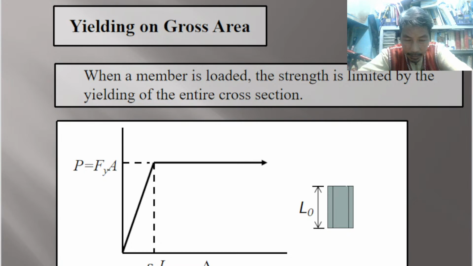If you multiply epsilon yield times L0, this is your stress-strain curve that would correspond to our tensile force P, which is equal to Fy times gross area A. Okay, so that's the very simple formula that we know when we are using yield on gross area. So yield strength times the gross area.